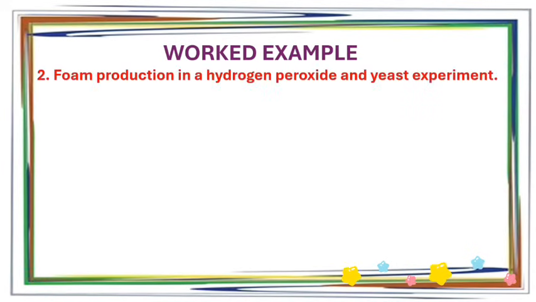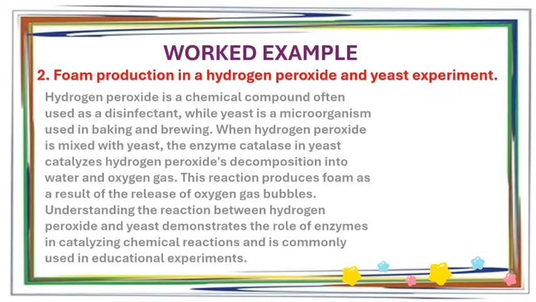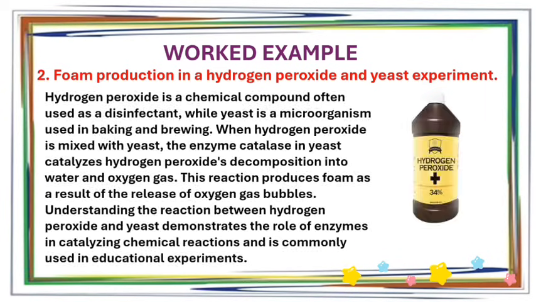Number 2. Foam production in a hydrogen peroxide and yeast experiment. Hydrogen peroxide is a chemical compound often used as a disinfectant, while yeast is a microorganism used in baking and brewing. When hydrogen peroxide is mixed with yeast, the enzyme catalase in yeast catalyzes hydrogen peroxide's decomposition into water and oxygen gas.